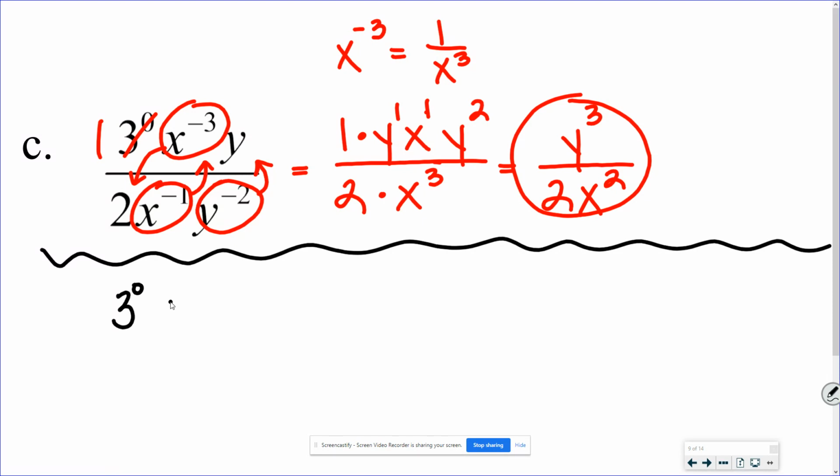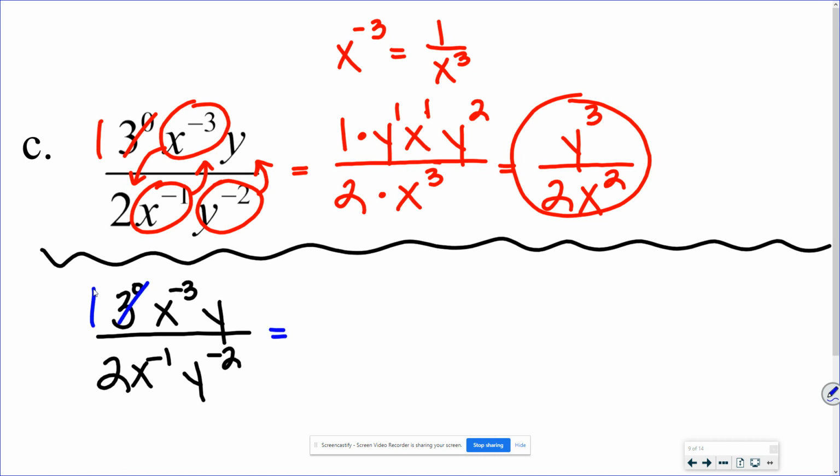Let me write it again, and I'm going to show you another way that may be easier. Okay, so your second option for how to simplify, you are still going to make the 0 power portion equal to 1. But maybe what you want to do this time is do the quotient rule.